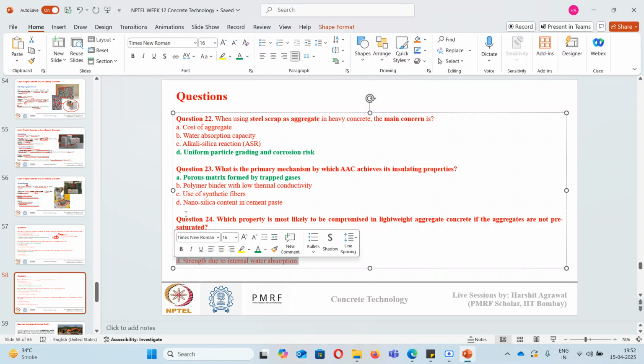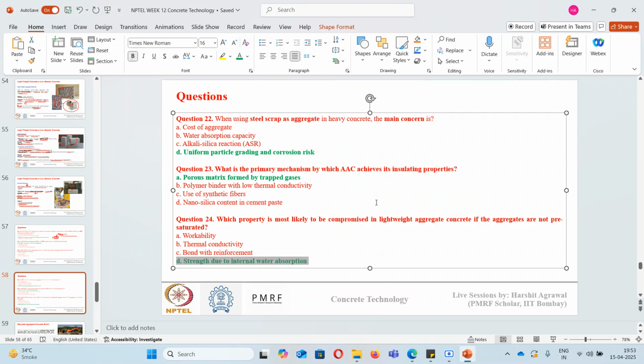So what happens when we are talking about aggregate? Lightweight aggregates are highly porous in nature. Now, if there are pores inside the aggregate and we are using that aggregate in a concrete system, the water absorption capacity of the aggregate will be more. And if we are not taking into account the water absorbed by the aggregate, or we are not pre-saturating the aggregate before using, then it can affect the water to cement ratio of my concrete, which can make my concrete dry and less workable, and it may not give me the adequate performance that I needed.